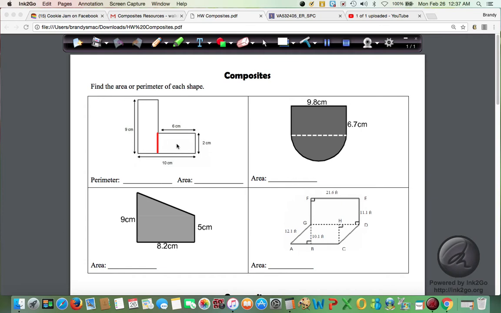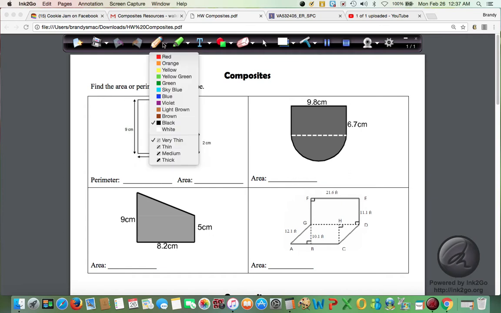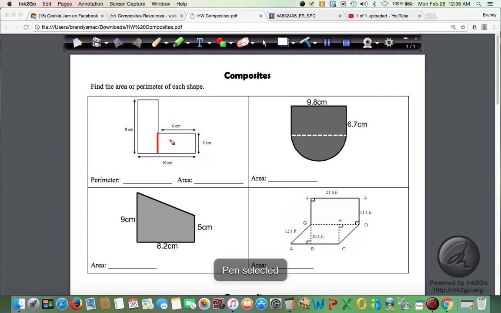You will get the same answer. I have now broken it into 2 rectangles. I have this small one and then a bigger one. The small one's pretty easy because we already know that's 6 by 2. So the area here for the smaller one is going to be 6 by 2.